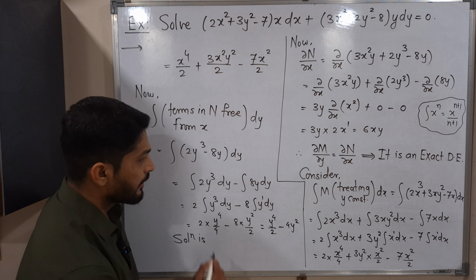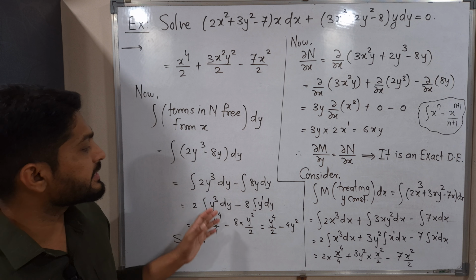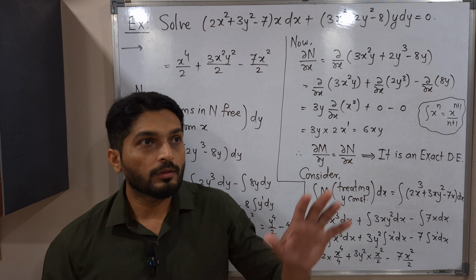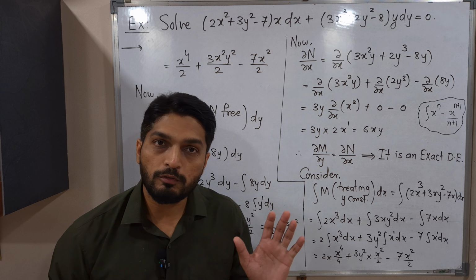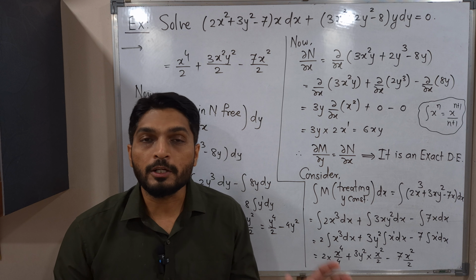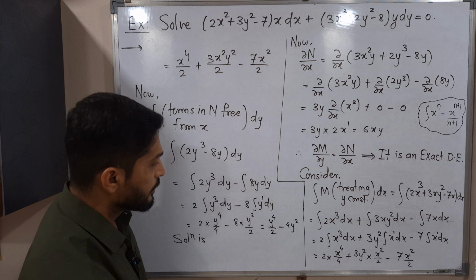Okay, so let me write the solution here. Here we found the value of the first integration, here we found the value of the second integration. So actually the solution involves two integrations. We found the values of both integrals. Simply we need to add them and equate to c, that will be the solution. So let us add.